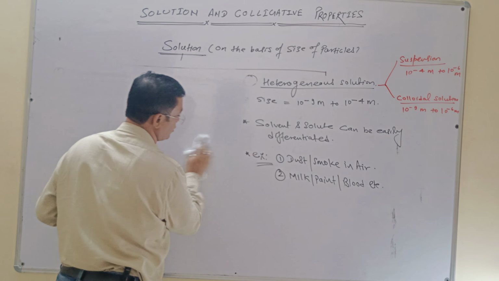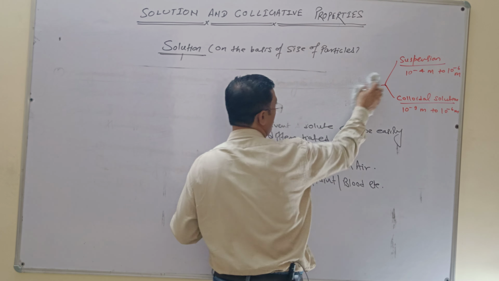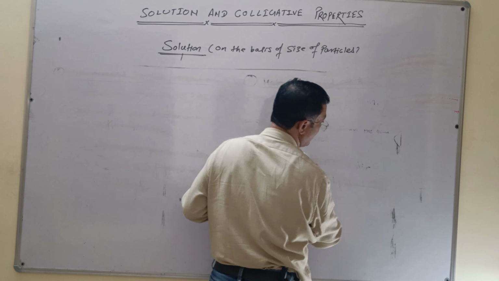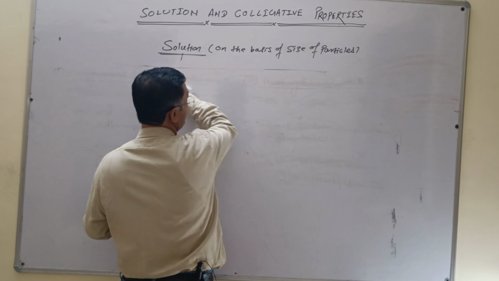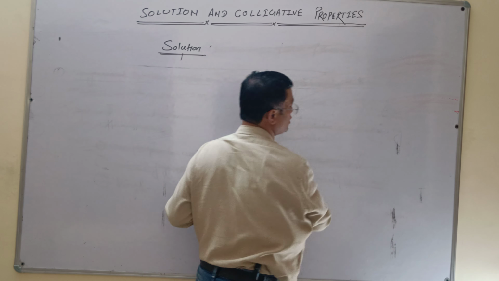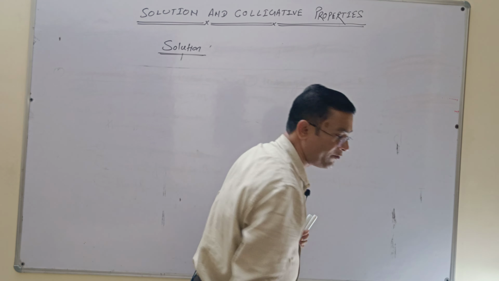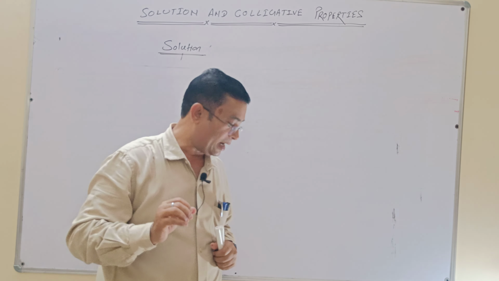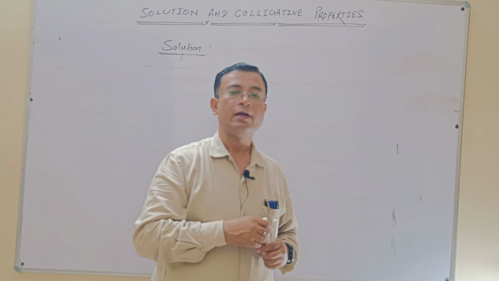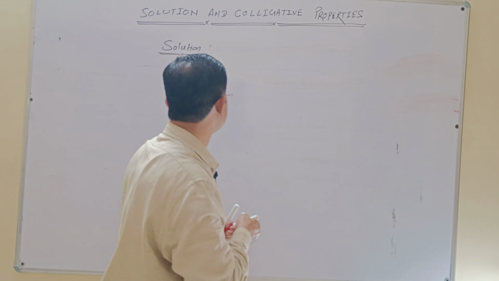What is the homogeneous solution? The important thing: as the name reflects, it is the solution in which solvent and solute particles are present in the same phase after mixing, and they cannot be differentiated even by the naked eye. Therefore, this is called the true solution.